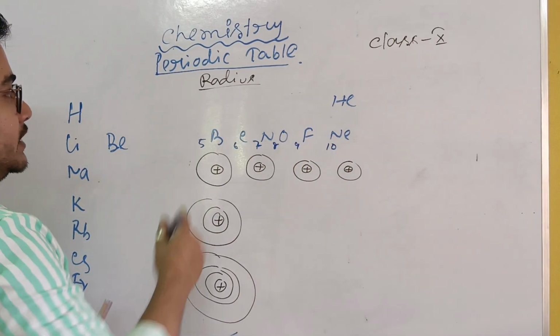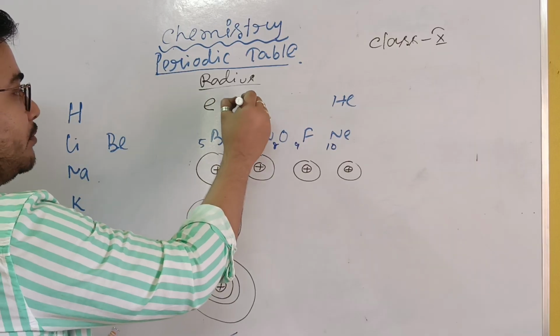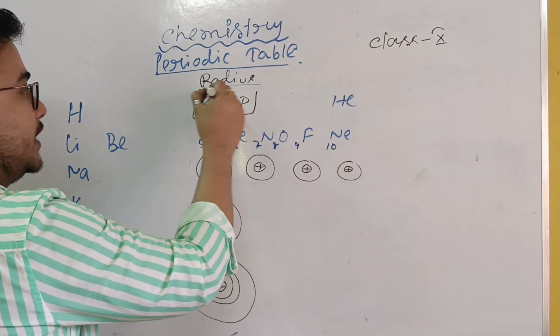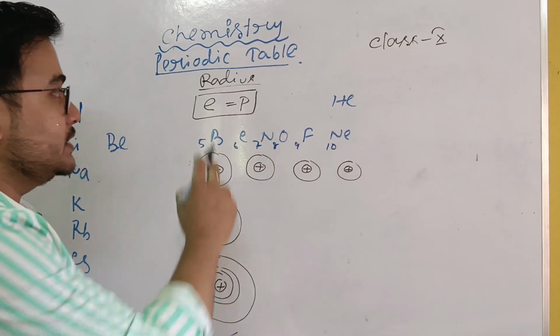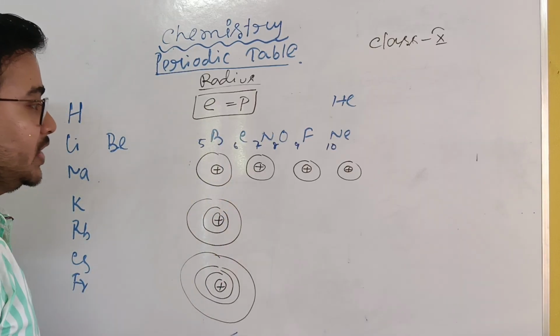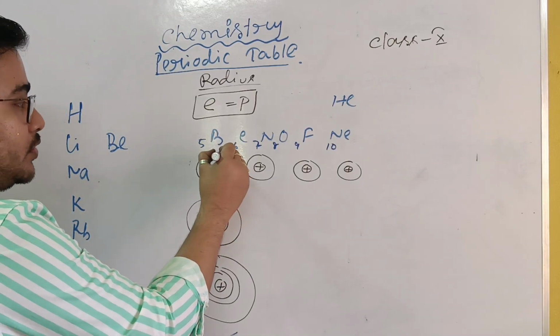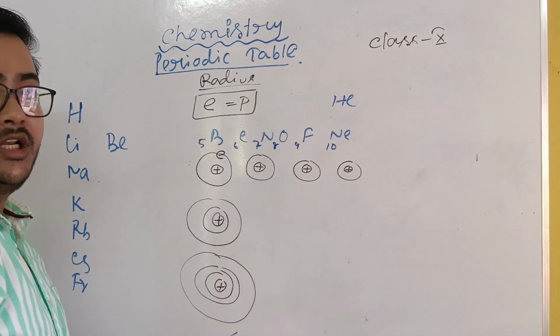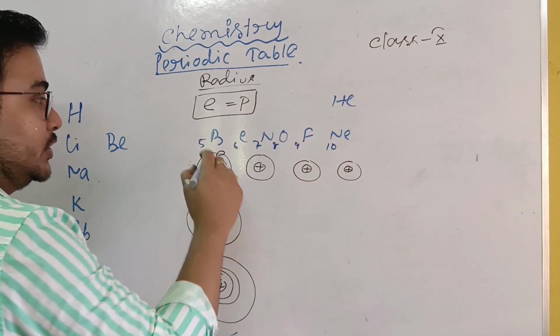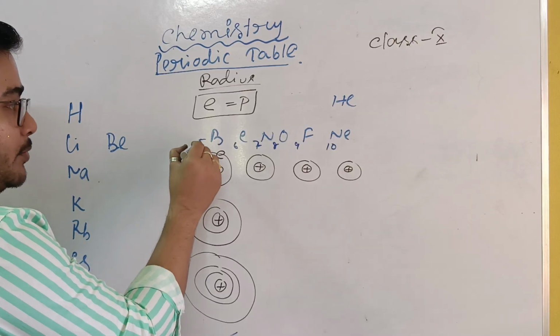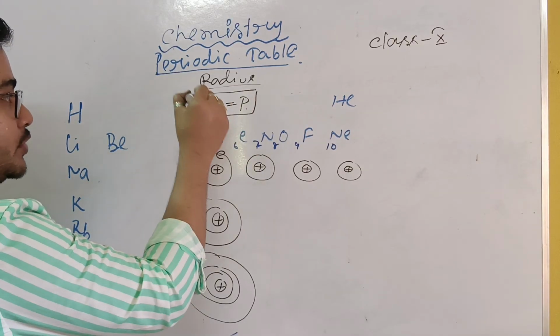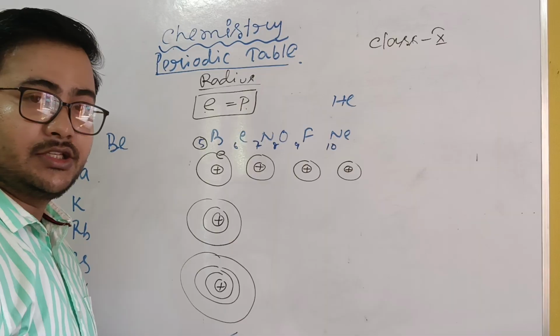All of you know the number of protons and number of electrons for a neutral atom are always equal. Suppose here only 1 electron is present.